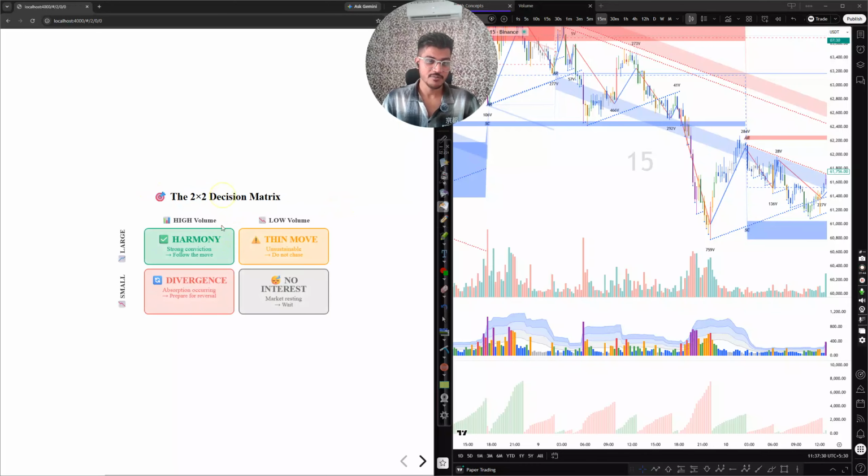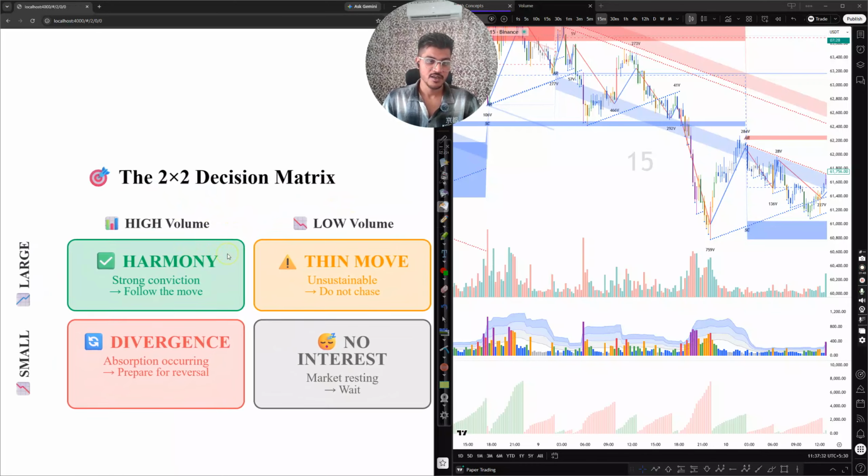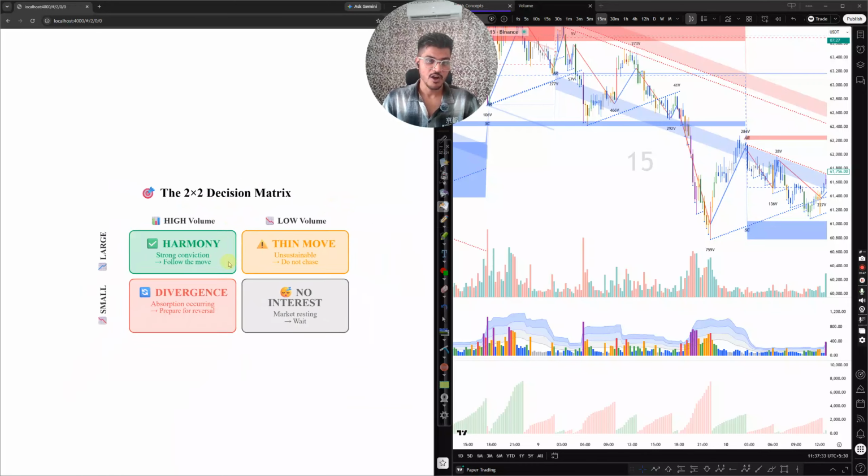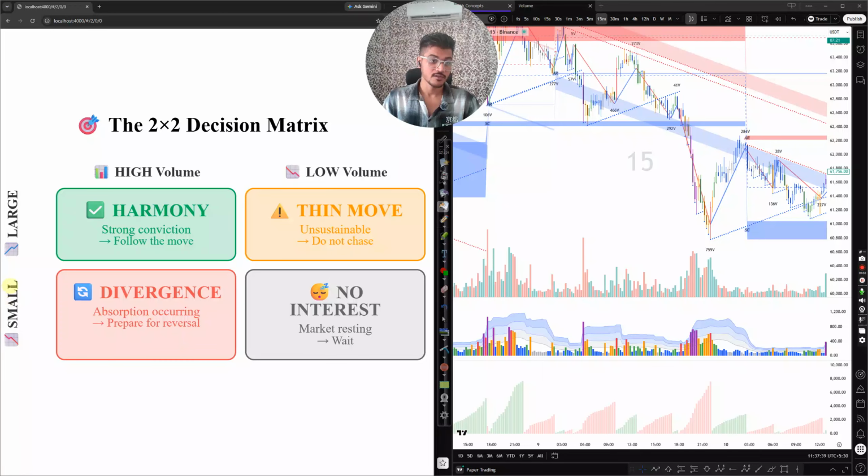So this is your decision matrix. How you interpret this is: you have the volume on one axis, high volume and low volume, and the movement of the price on the other axis. If there is harmony, meaning strong conviction, follow the move.